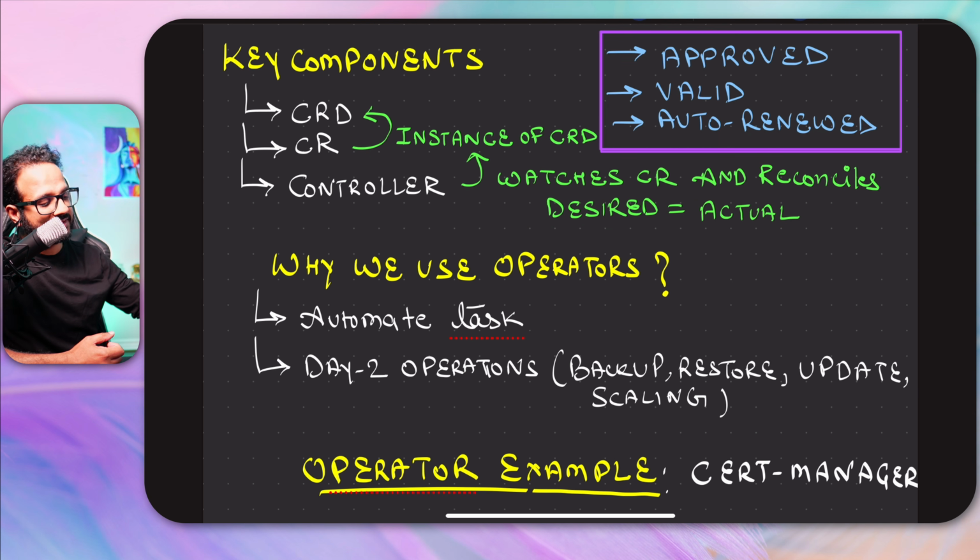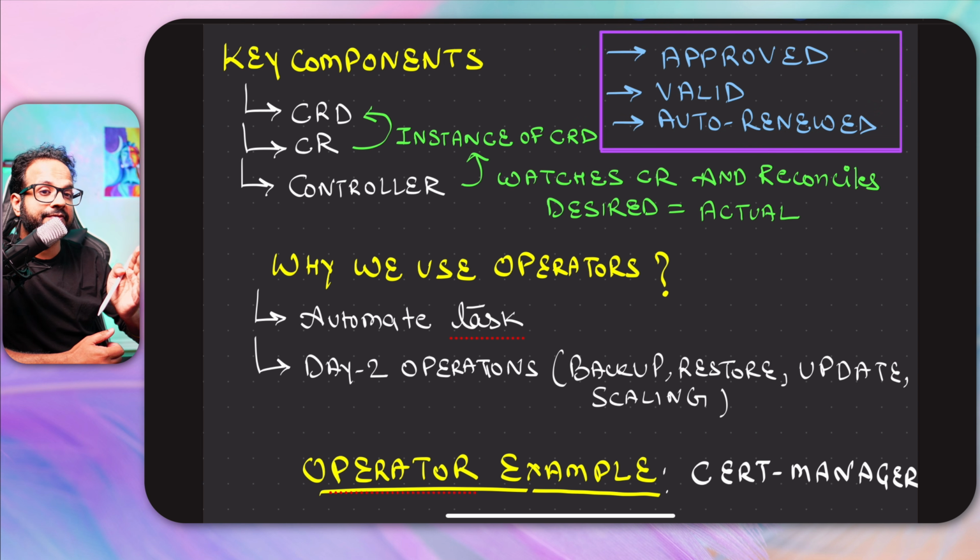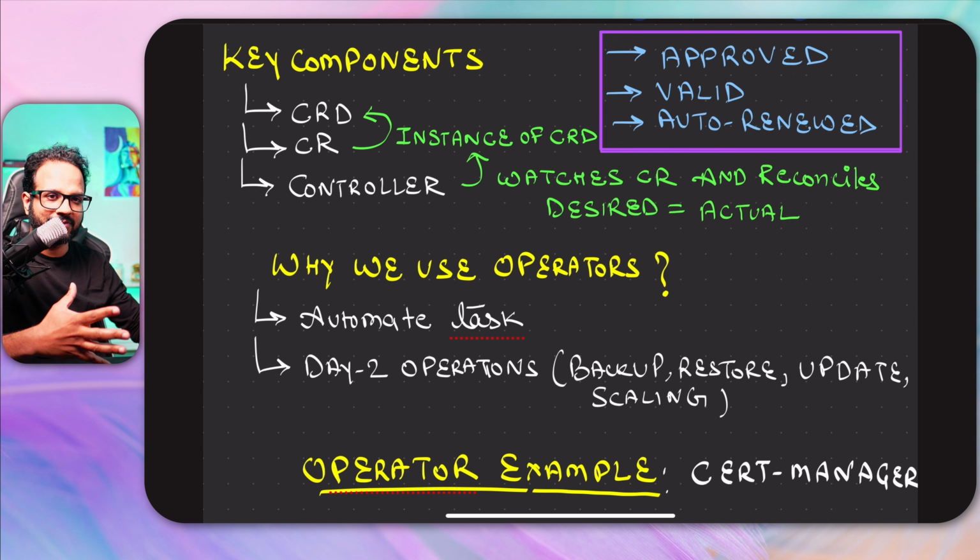In the case of cert-manager, the desired state is that the certificate should be approved, it should be valid, and it should be auto renewed. So this particular cert-manager operator will make sure that this desired state is the actual state of all the certificates that have been created in the cluster where the operator is running. Okay, now you might have already understood by now why we use operators.